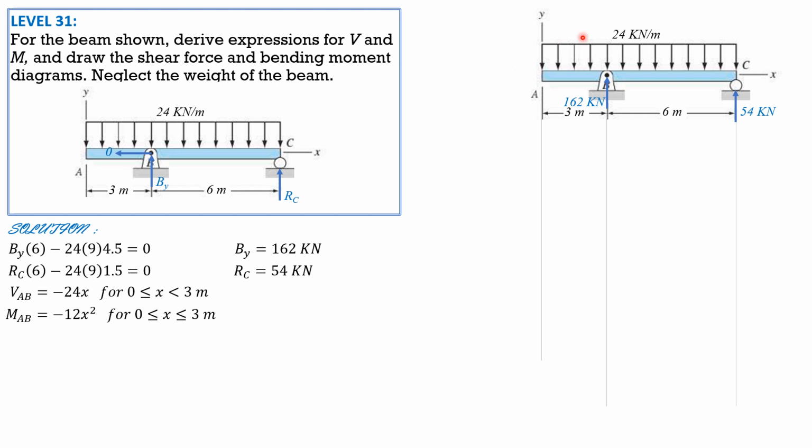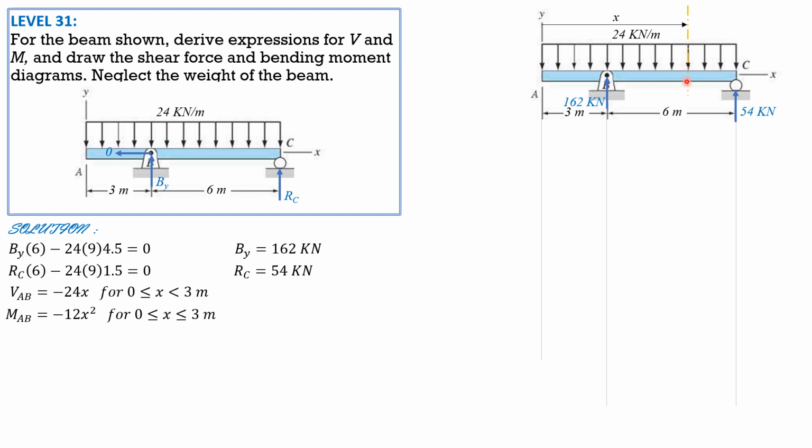I hope that you can imagine. But anyway, in the succeeding problems, I presented it in more detail. For the meantime, just imagine it first. Next, for segment BC, shear going down is positive, and moment in BC is counterclockwise positive.